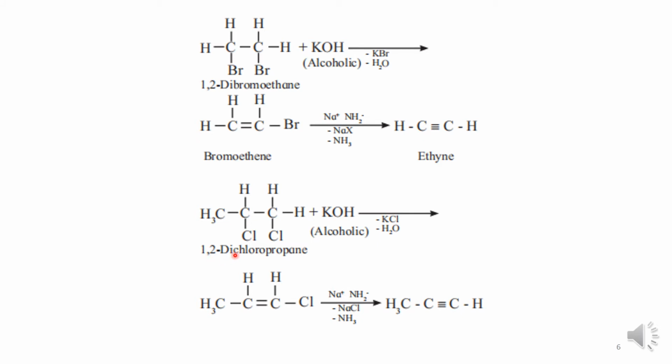Similarly, 1,2-dichloropropane on treatment with alcoholic KOH gives first 1-chloropropene, then on treatment with sodamide we obtain propyne along with sodium chloride and ammonia gas.